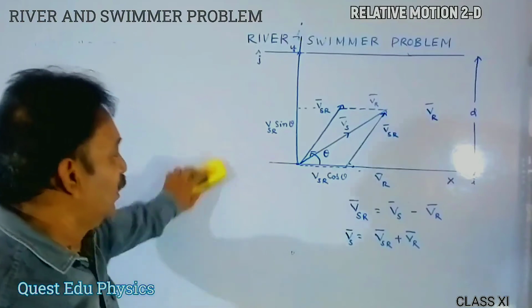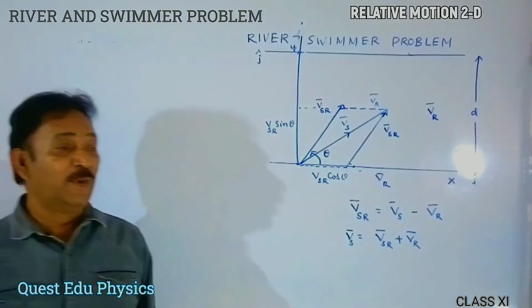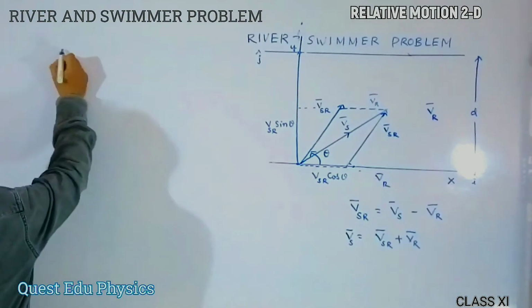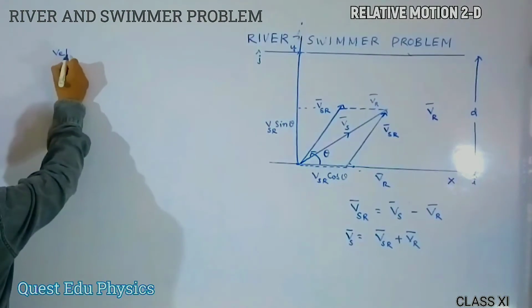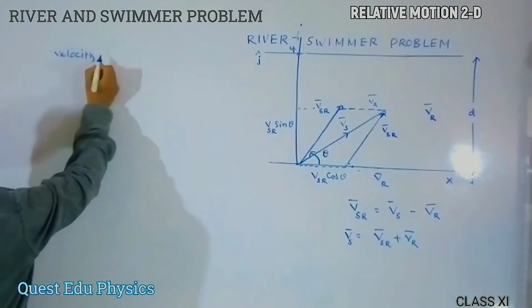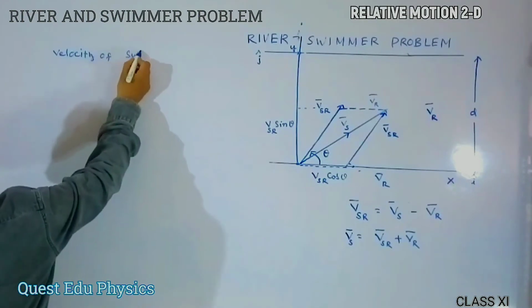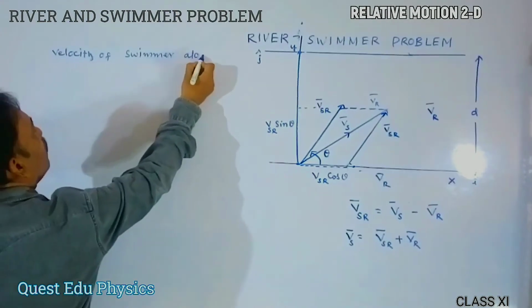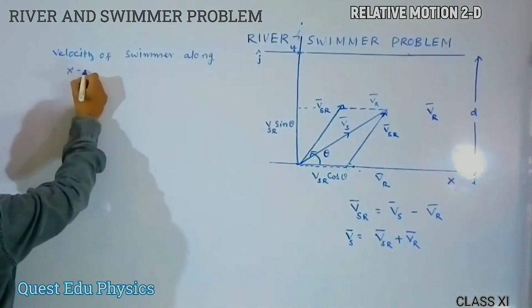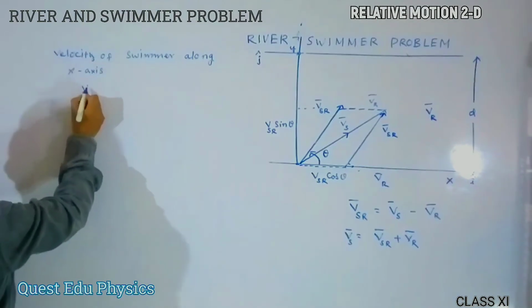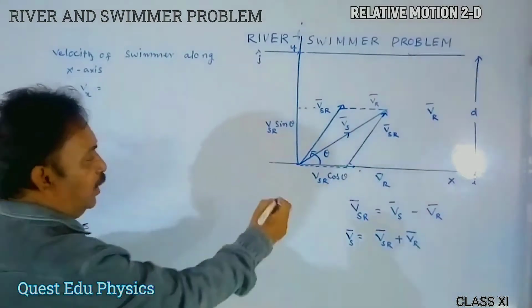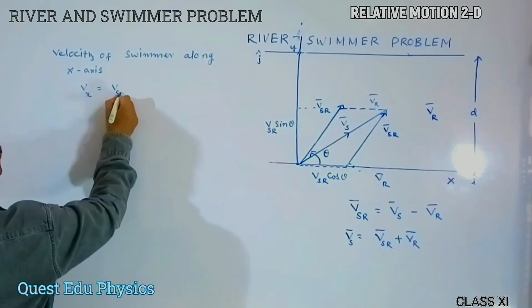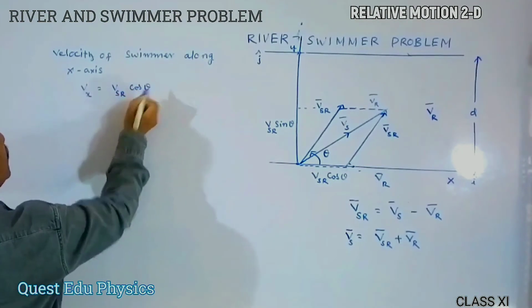That means, what? The velocity of the swimmer along the x-axis. Here I am writing velocity of swimmer along x-axis as Vx, which is VSR cos theta.